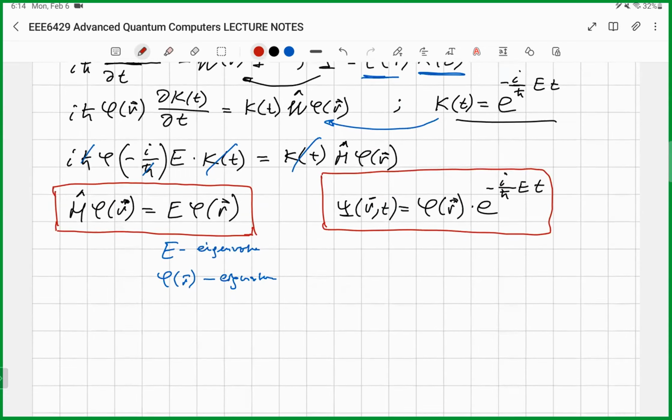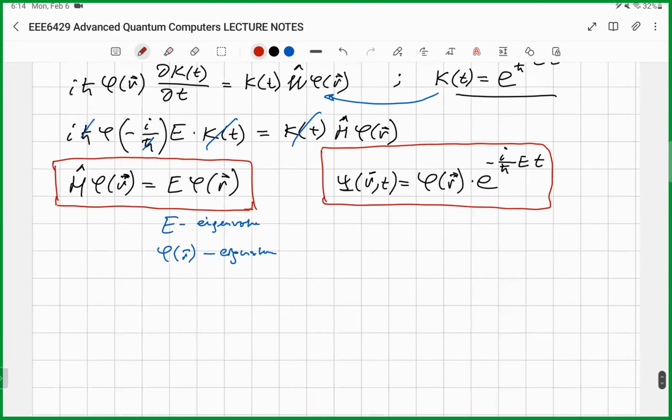And historically, this equation written here is the steady state Schrodinger equation.